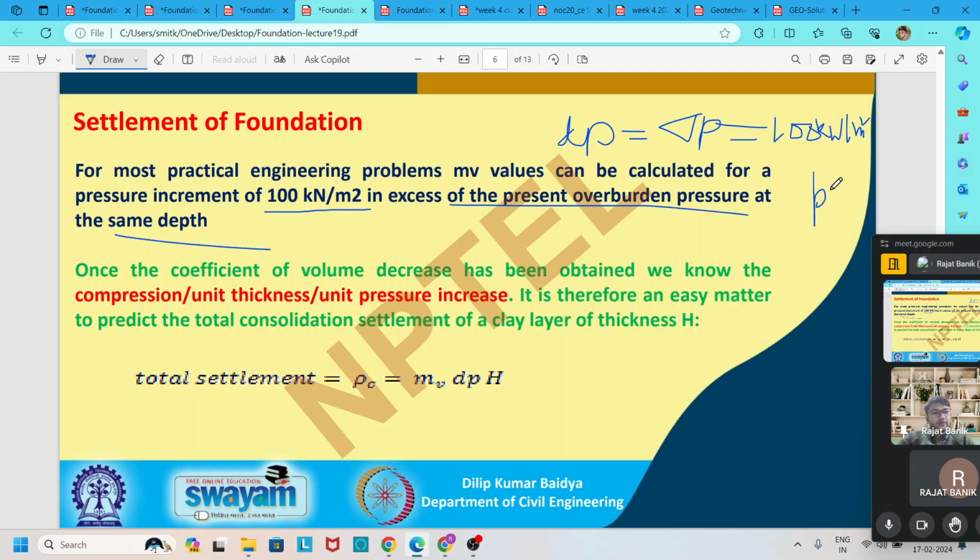So if the present overburden pressure is P naught, we add dP to find our coefficient of volume compressibility.